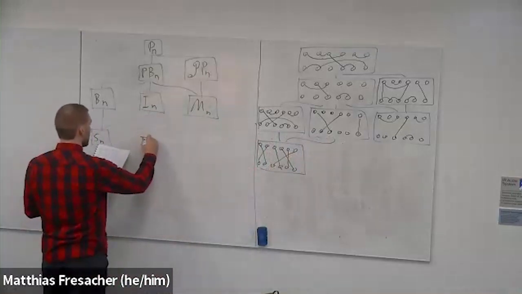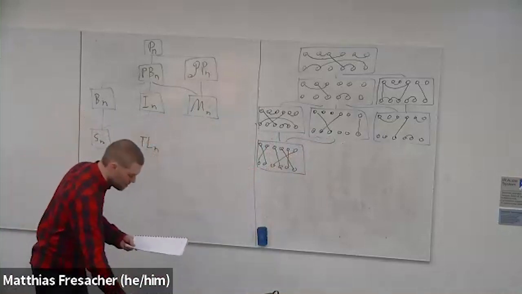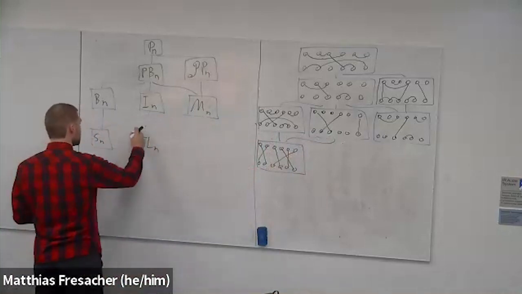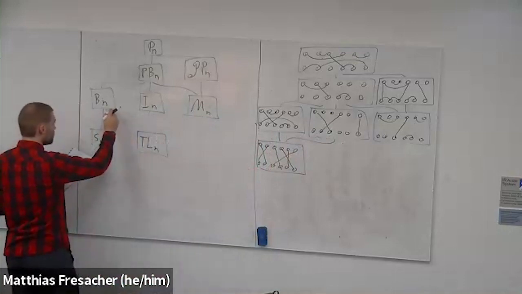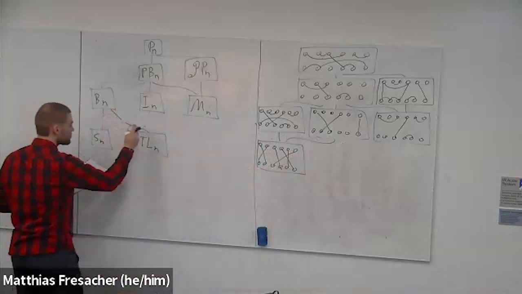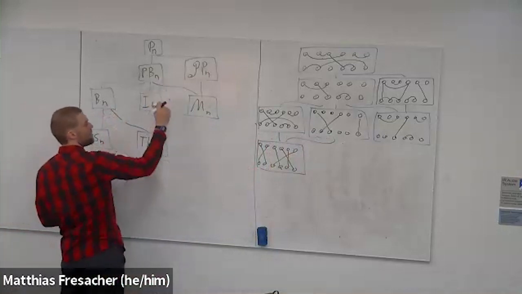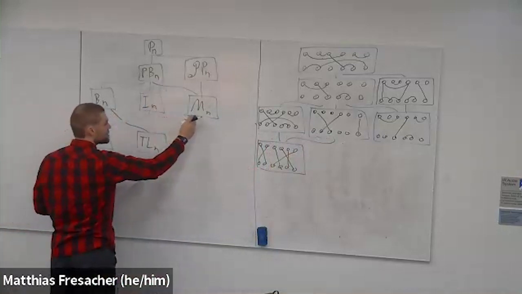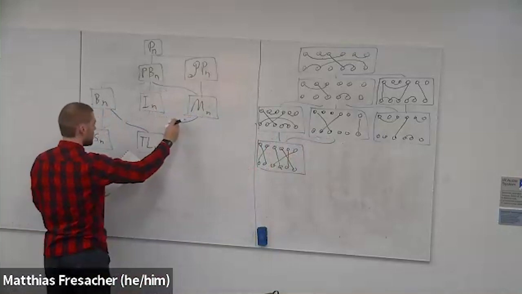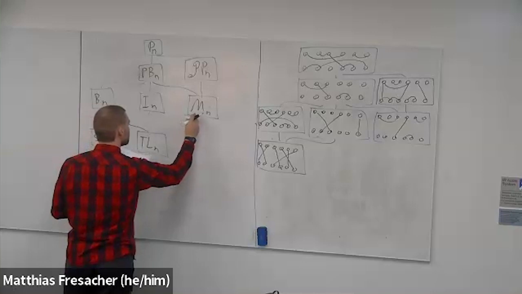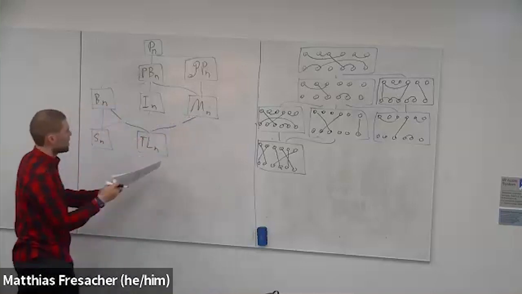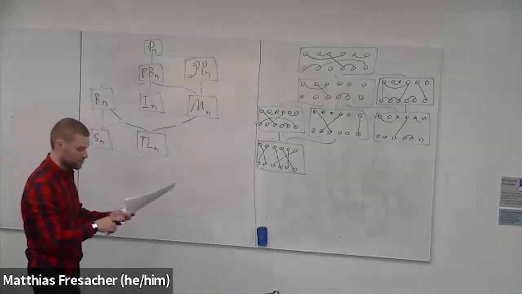In here we have our Temperley-Lieb. We know Temperley-Lieb was a submonoid of the Brouwer, and we also had this planar condition, so it sat underneath the Motzkin. Just for drawing purposes, I'm going to leave that edge open.